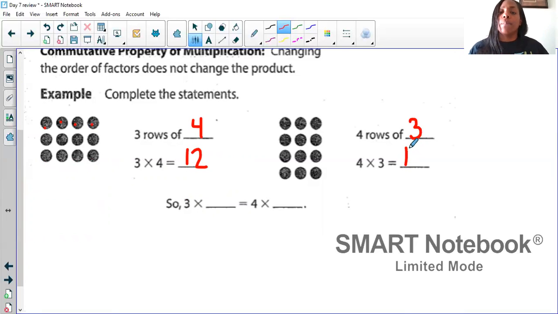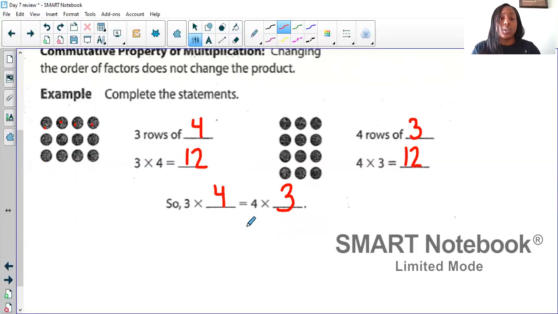Put that finger down. So 3 times, which one are we missing? 4 or 3? We're missing the 4. 3 times 4 equals 4 times 3. Very good. Is this called an equation or an expression?